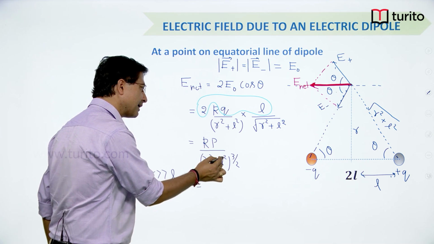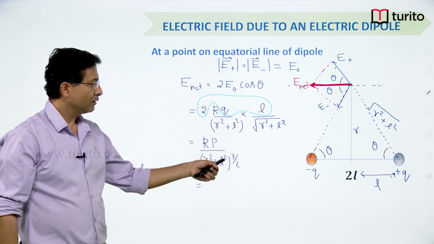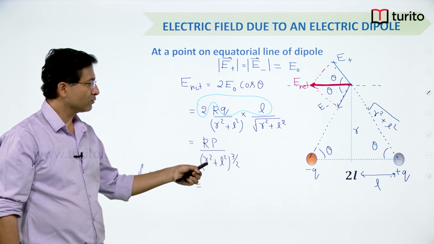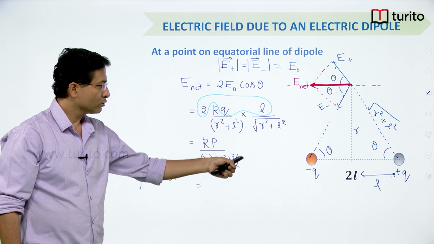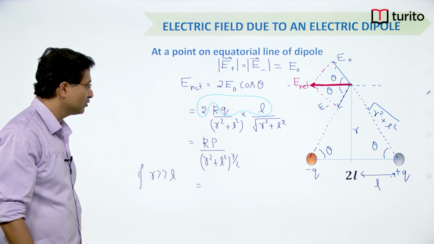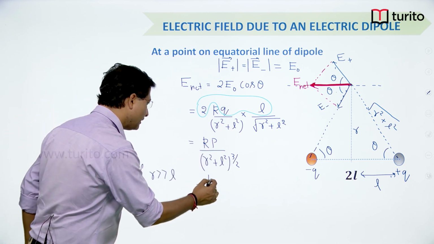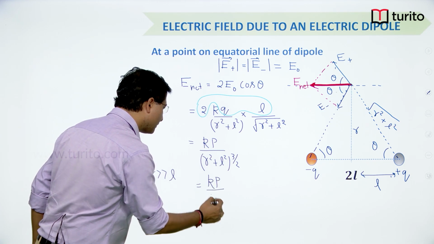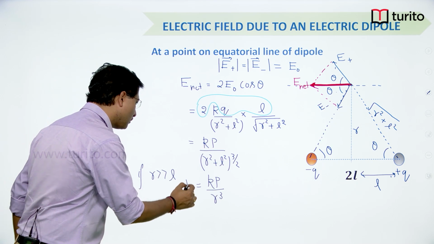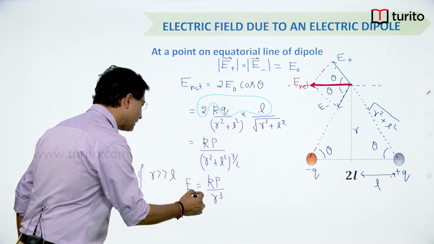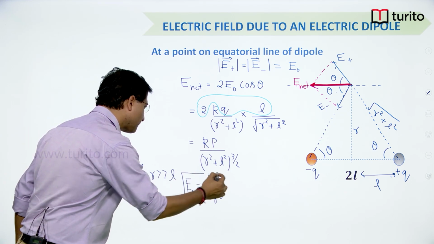So here I can neglect L with respect to r, this will become r square to the power 3 by 2. So 2 and 2 will get cancelled out, you will get cube. So k dipole moment divided by r cube will be the magnitude of net field at that particular point.